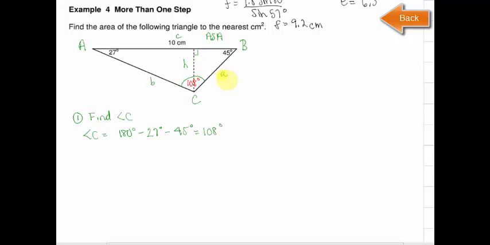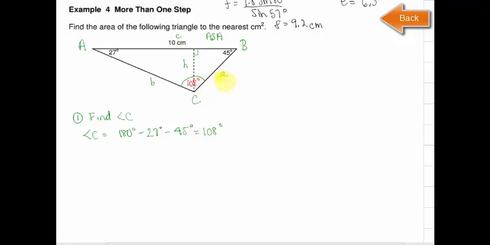Okay, I could find side A, and if I know side A and I have this angle, then I can find H. Okay, because I got a right triangle here, so I can just use SOHCAHTOA to do that, right? The other way I could do that is to find side B and then use this triangle to find side H by using SOHCAHTOA again. Okay, so I'm going to start by finding side A.